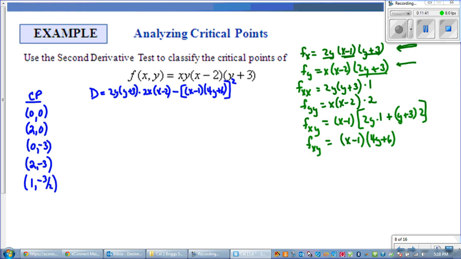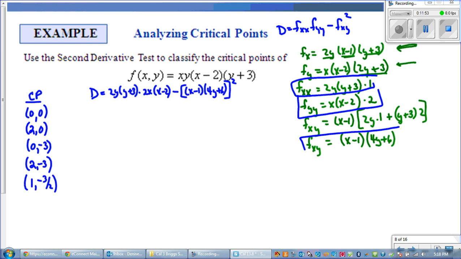So I'm just forming the discriminant by taking this times this minus this squared.